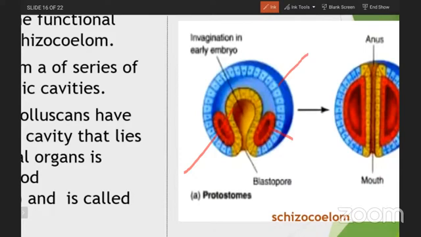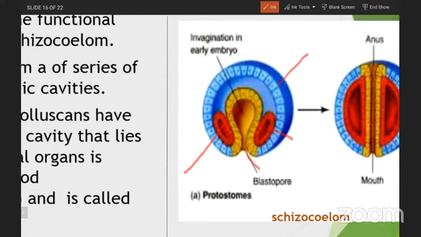And this is a blastopore. This is the blastocoel, because we are discussing eucoelomates only. The blastocoel has a pore-like structure that is called a blastopore.